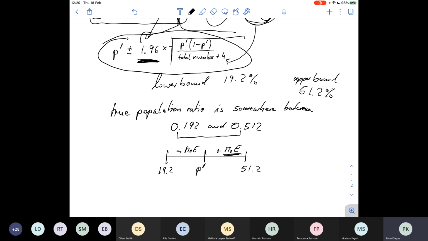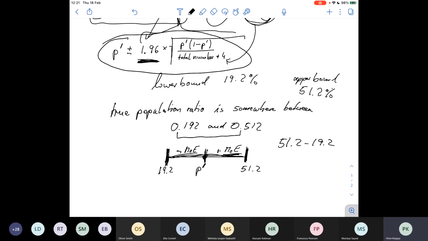All we need to do really is take this difference and divide it by 2. So 51.2 minus 19.2, that gives us this difference here.